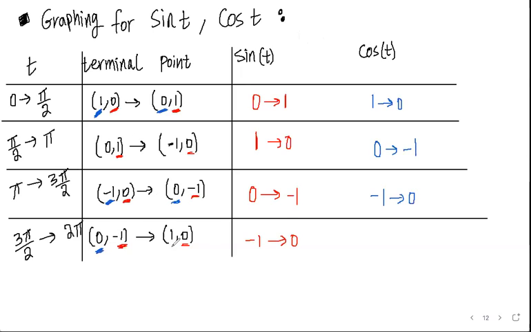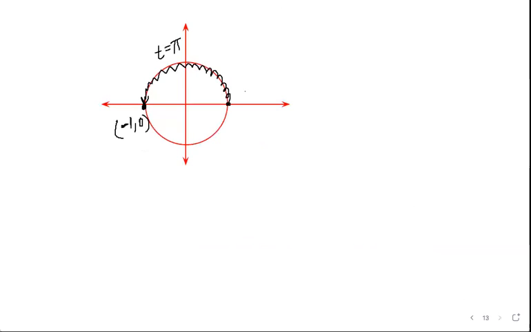From 0 to 1. Now it's easy to graph. So the graph now is like this.